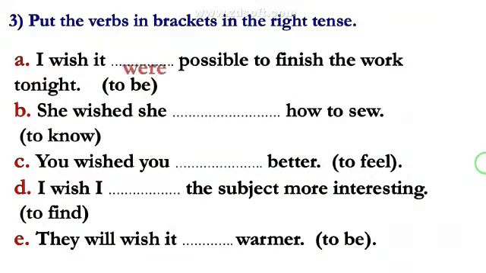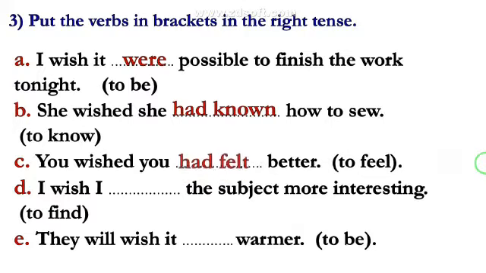A. I wish it were possible to finish the work tonight. B. She wished she had known how to sew. C. You wished you had felt better. D. I wish I found the subject more interesting. E. They will wish it were warmer.